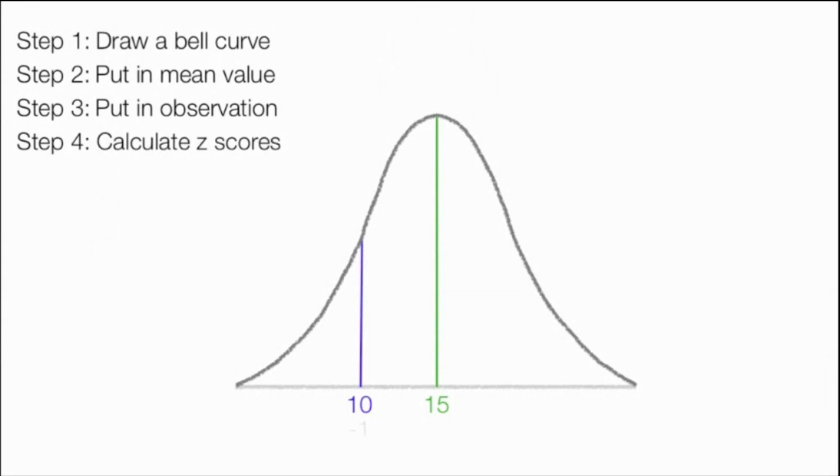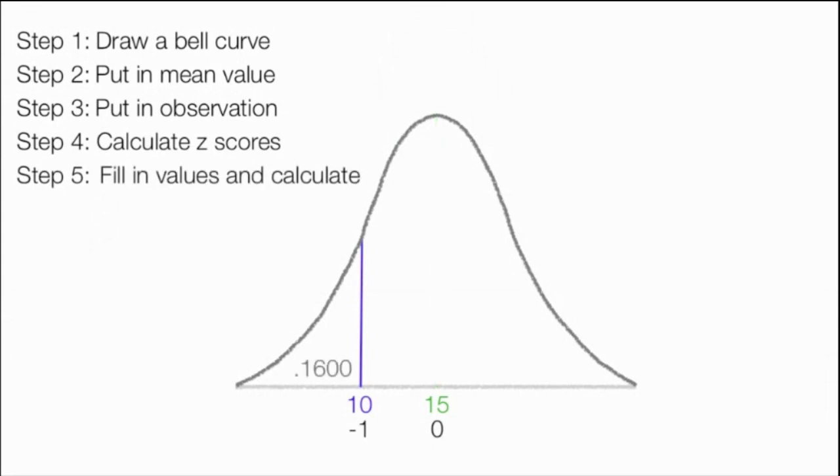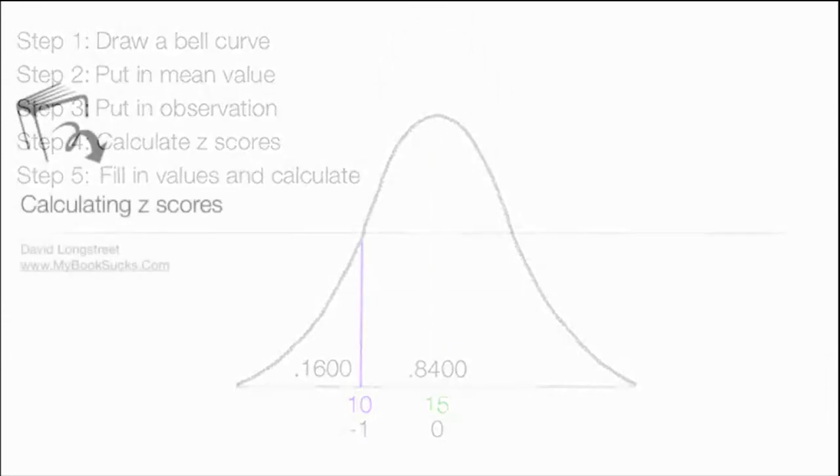Step 4, calculate the z-scores. It was -1 and 0. Step 5, fill in values and calculate. So the values were 0.1600 and 0.8400. This has just been a quick little example of how to calculate z-scores.